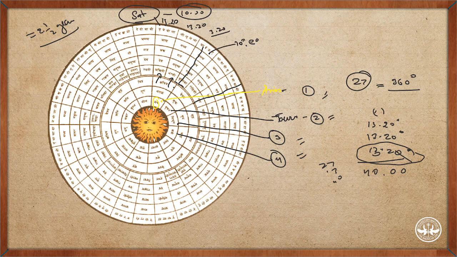Don't get confused by those terms, because they are advanced terms used in Jyotish. The basic thing you need to understand is how to configure a chart and how to use it for our own purpose.